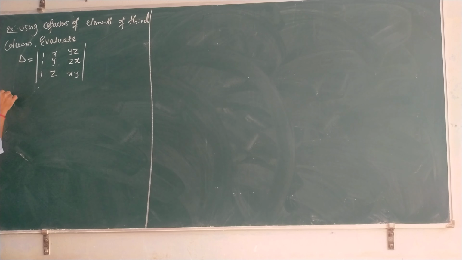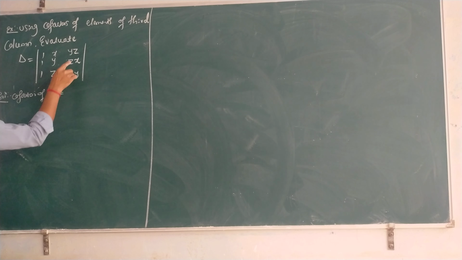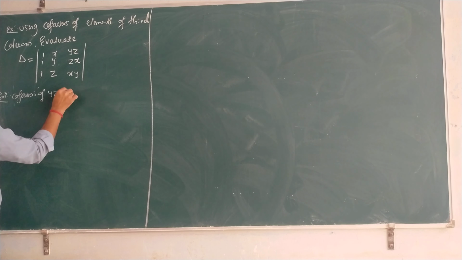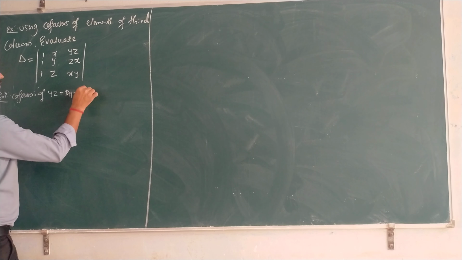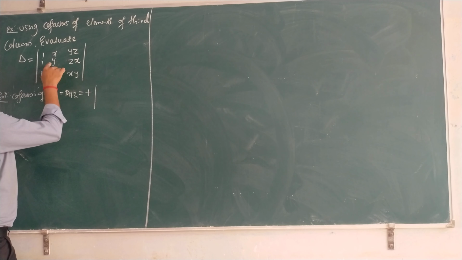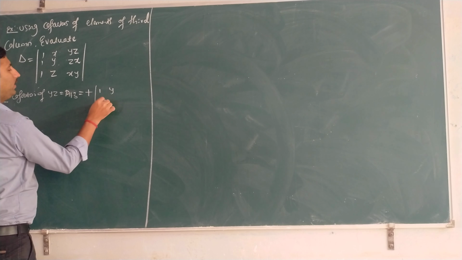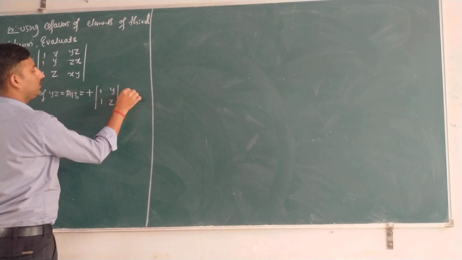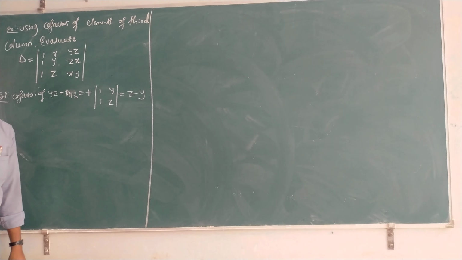Solution: cofactor of yz, which is the place a13, capital A13. What are the positive values? That is plus of the determinant 1 1, x y... which is nothing but z minus y.